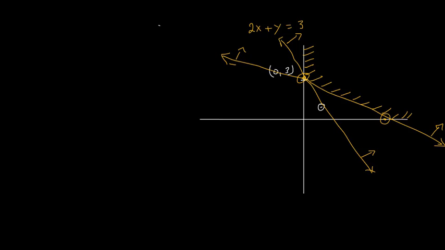Now if we talk about corner points, we have 2 corner points. One is 0, 3, call it A, and the other is B, and the value of this corner point is 6, 0. So here I will draw a table in which I have the corner point and the value of z.